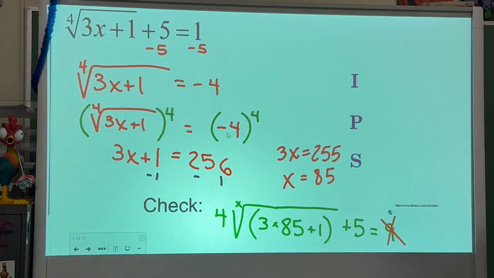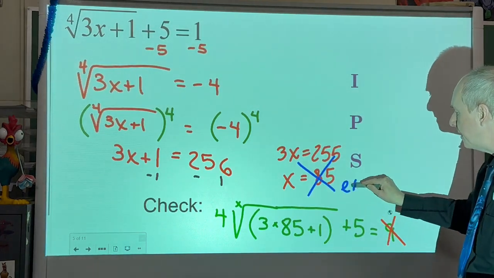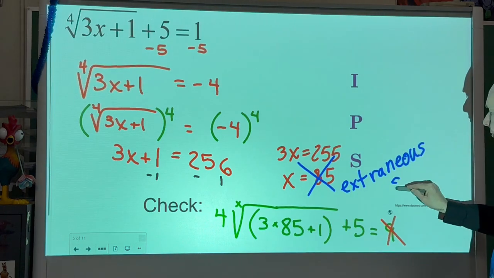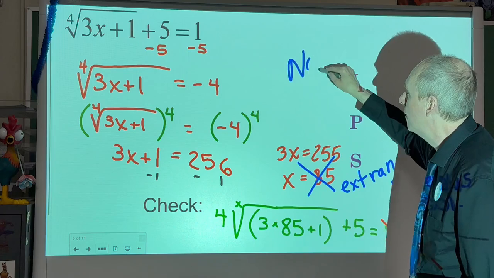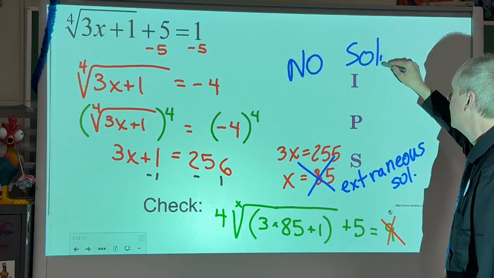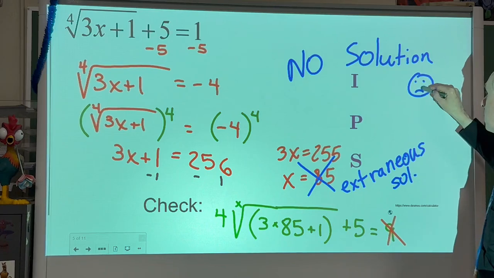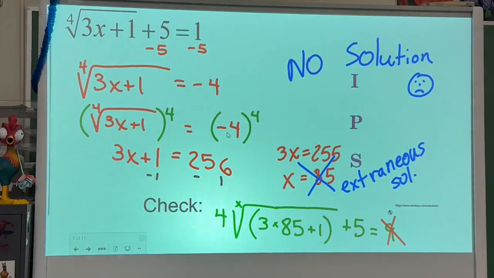This is not right, which means guess what? This is an extraneous solution. There is no solution to this problem. Can't be done. There's no x value that will make this actually work out.